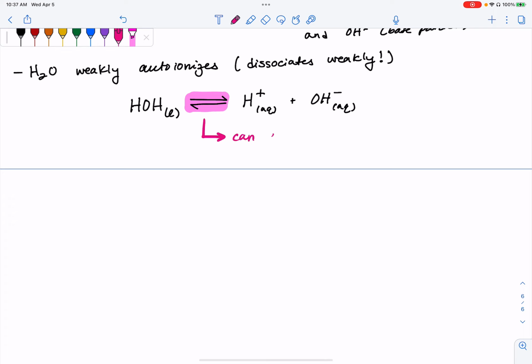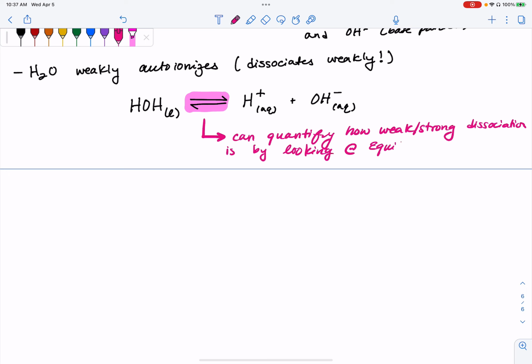We can quantify how weak or how strong our dissociation is by looking closely at this equilibrium that's established in the forward dissociation and reverse reassociation process that you and I call a weak dissociation.